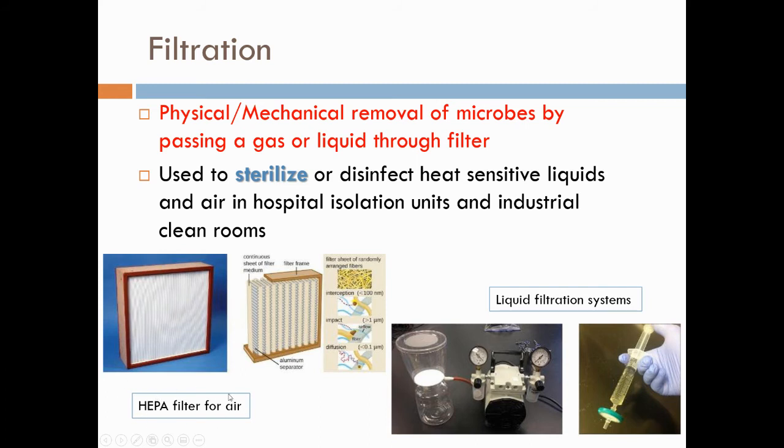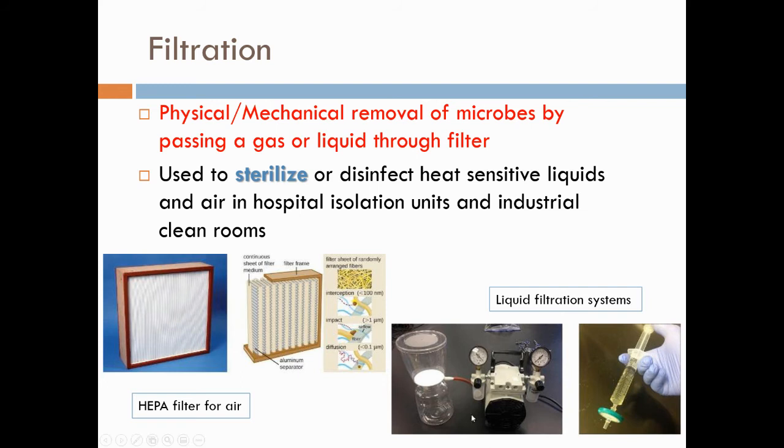Now everybody's familiar with HEPA air filters. 99.5% of the particles of a certain size are filtered out. This is the most effective that's typically used. So we can filter liquids and gases through those. Again, it's physical or mechanical, and we're just removing the microbes from either that liquid or gas.